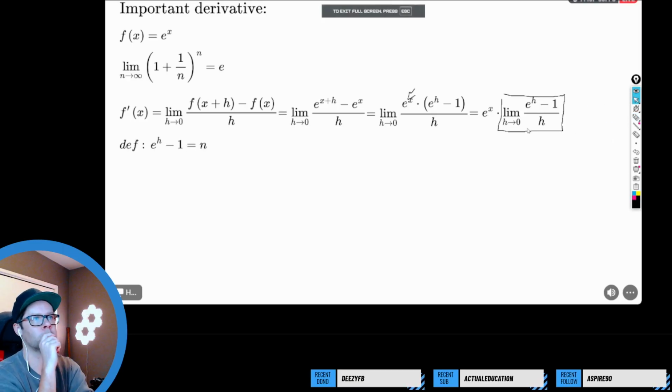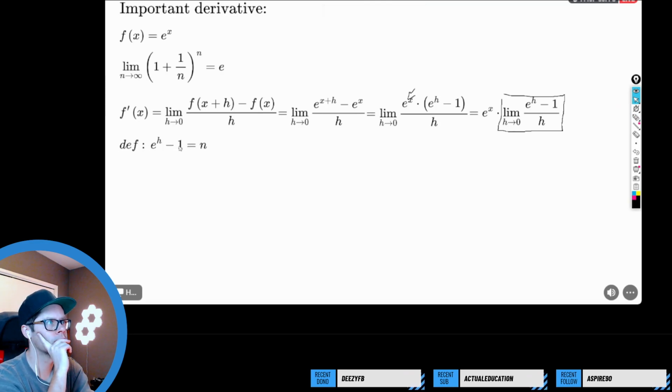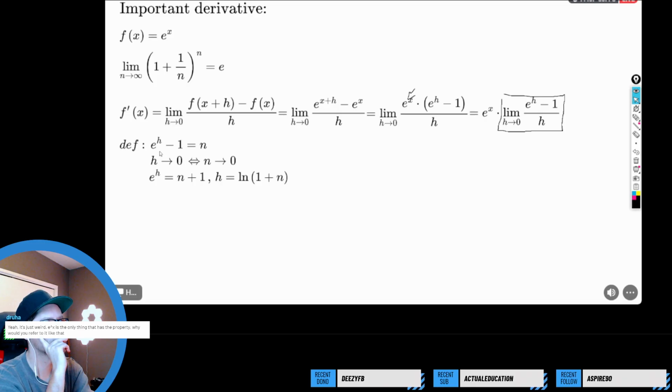Now we're going to use this and define n to be e to the h minus 1. Now we can see that as h goes to 0 or as n goes to 0, they affect the other one as well. So if we open it, we get that e to the h equals n plus 1.